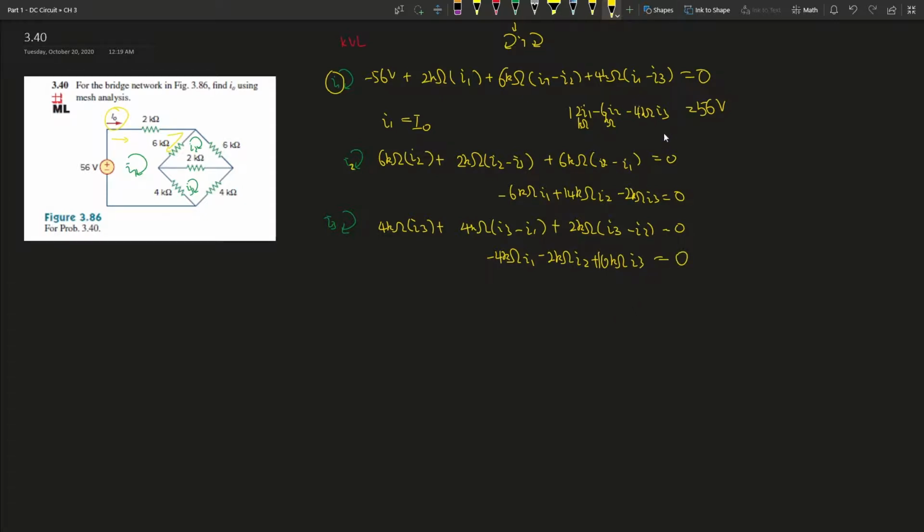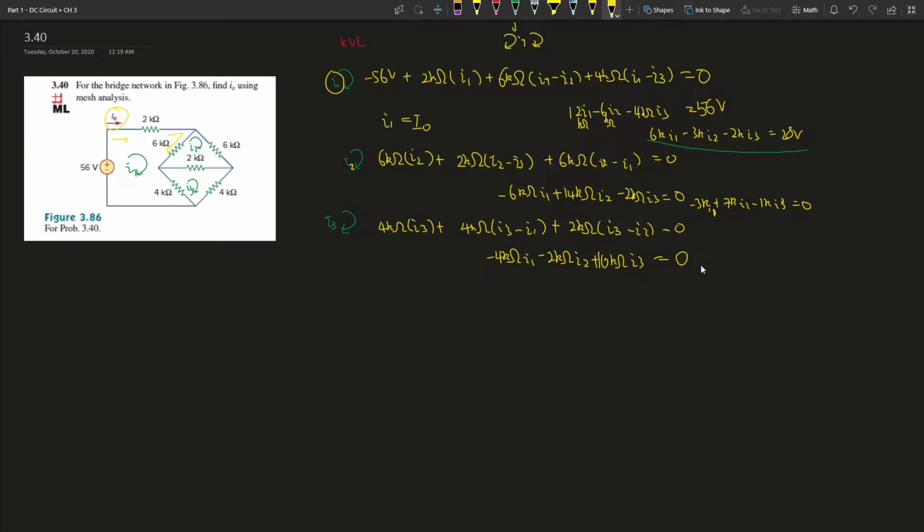Okay, and you can simplify these by dividing by 2, so the first gives you 6k I1 minus 3k I2 minus 2k I3, and this whole thing gives you 28 V. Let's draw a line here for clarification. For the second, we can also divide by 2, so negative 3k I1 plus 7k I2 minus 1k I3 gives you 0.